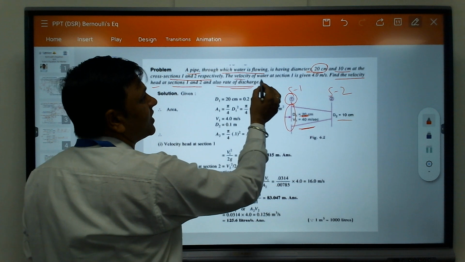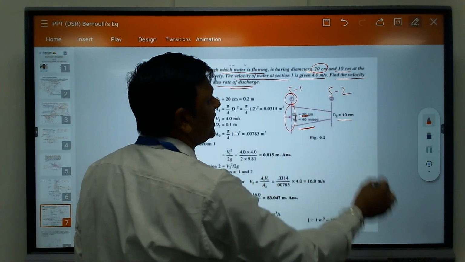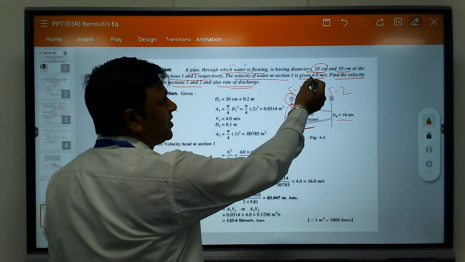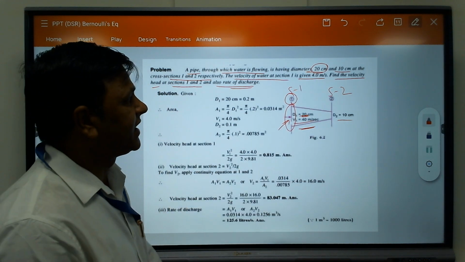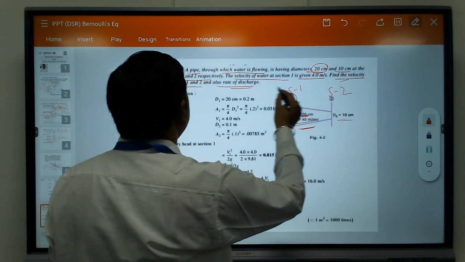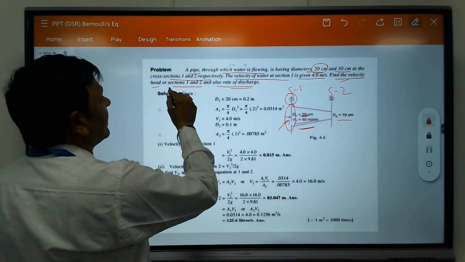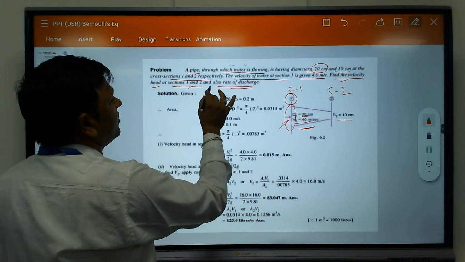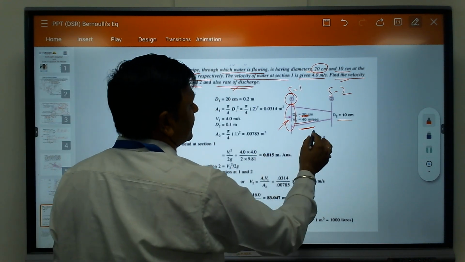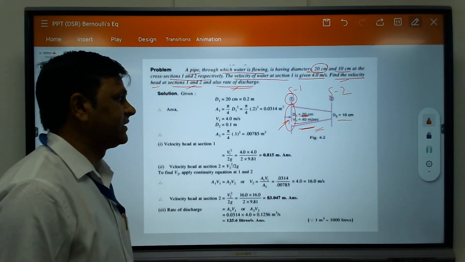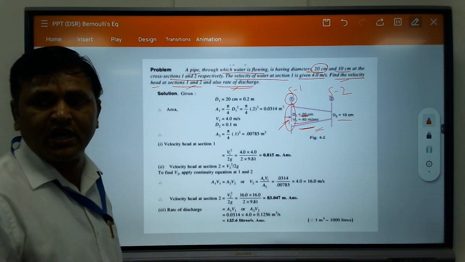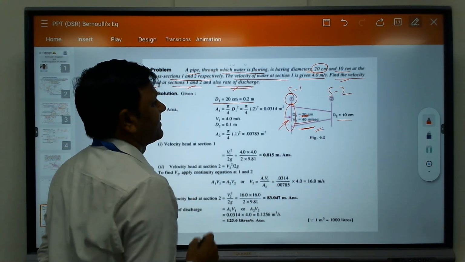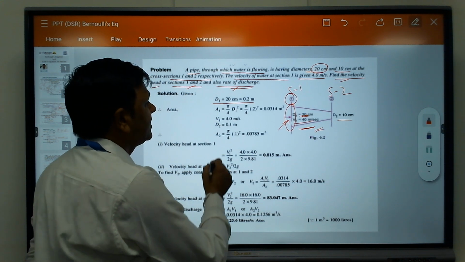The velocity of water at section 1 is 4 meter per second. Here in this section the velocity is given, 4 meter per second. Find the velocity head at sections 1 and 2 and also the rate of discharge. Now first of all, the given data is diameter d1 0.2 meter.